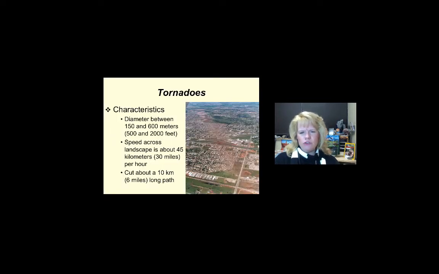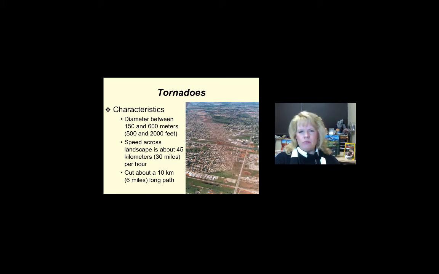So the characteristics of a tornado are a couple of things. The diameter can be anywhere between a quarter of a mile to a mile or more wide. The speed across the landscape can be about 30 miles an hour. So these things can travel very quickly with very little time for people to get to safety.